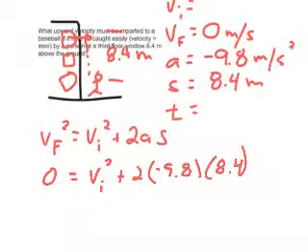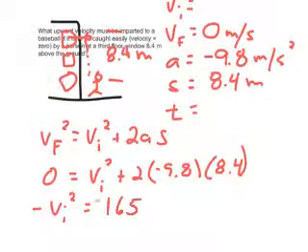So if you move things around, if you move the V sub I over, you get negative V sub I squared equals some negative number. So the negatives will cancel out eventually here because there will be negatives on both sides. This comes out to be 164.6 or 165, negative 165. So divide both sides by negative 1.